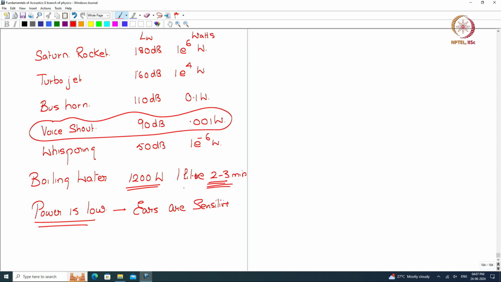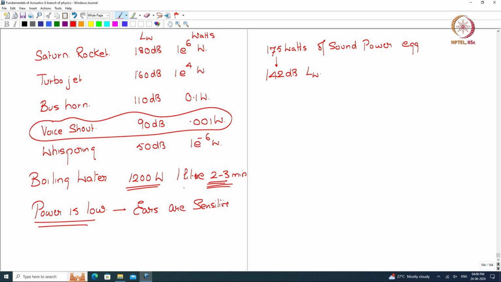I just saw some reports somewhere, just funny. Two scientists supplied 175 watts of sound power to boil an egg, and this amounts to 142 decibels of LW, sound power level.